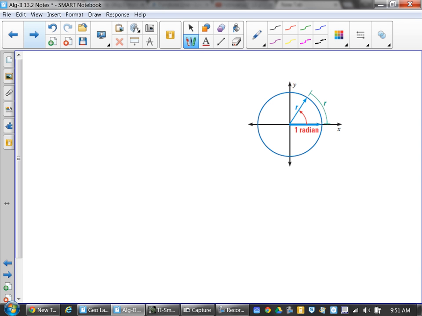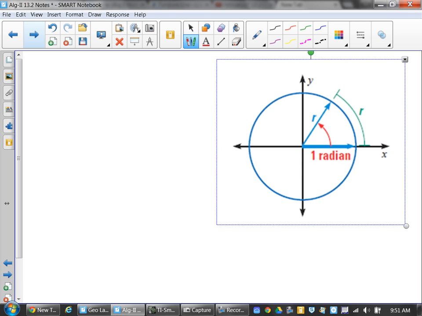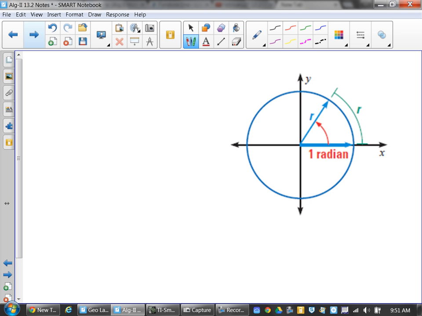That leads us to the dark side, if you will. Radians. Radians are dealt with in terms of what we call a circle. Should we draw that? We'll draw something here in a second.